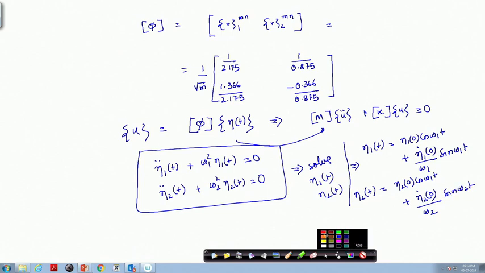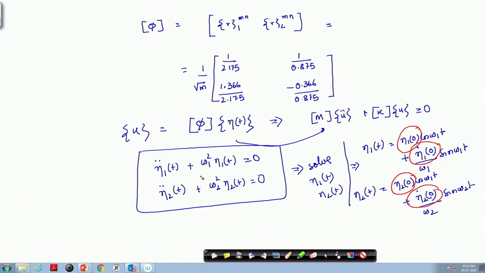So, now I need the values of eta 1 0, eta 1 dot 0, eta 2 0 and eta 2 dot 0. If I know these, I can find eta 1 t and eta 2 t. These are nothing but the free vibration solutions.